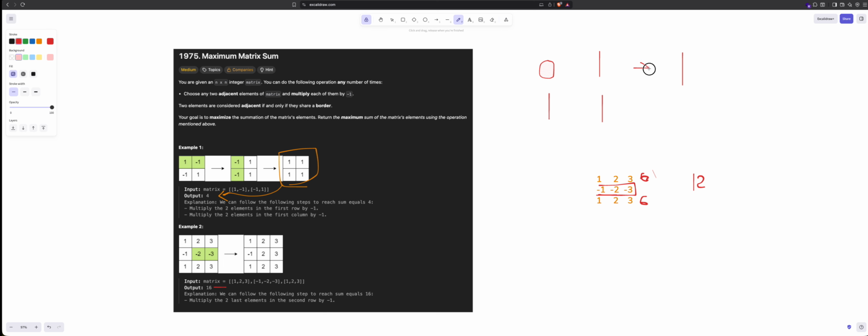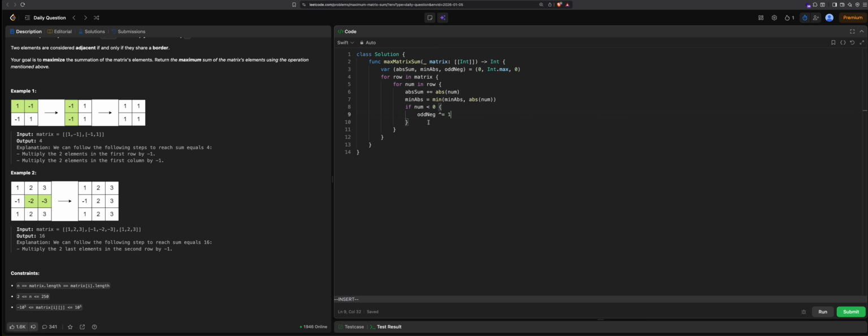This is a binary XOR operator, and 1 XOR 1 will be 0. So technically, if it is the same value, it returns 0. If it is not the same value, it returns 1. So this is technically checking how many negative integers we are seeing in our numbers. It's like we're toggling the odd negative numbers.